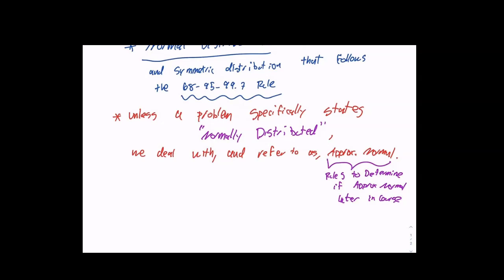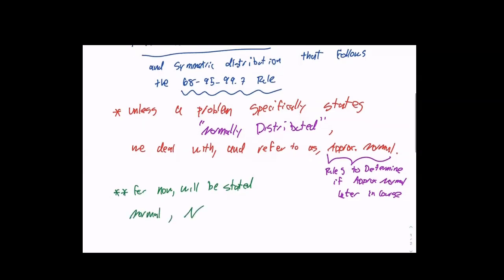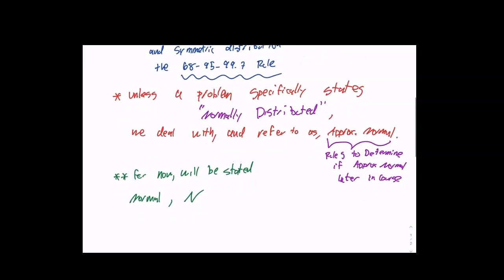However, right now, it's important to note that for now, it will be stated as normal, and we use a capital N, or approximately normal, and we use a squiggly line in front and then the N.